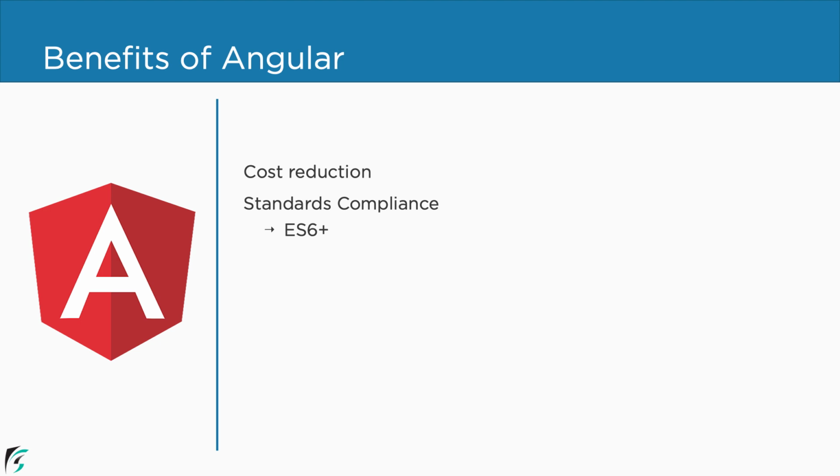This increases the development efficiency. Angular uses modules. Modules are a modern feature of JavaScript that makes code easier to support. Angular uses modern standards for internationalization and accessibility. This makes our application easier to localize for multiple languages and available to those with disabilities.